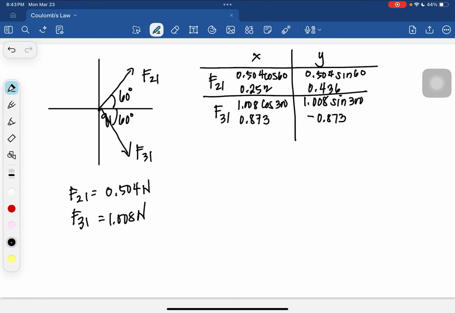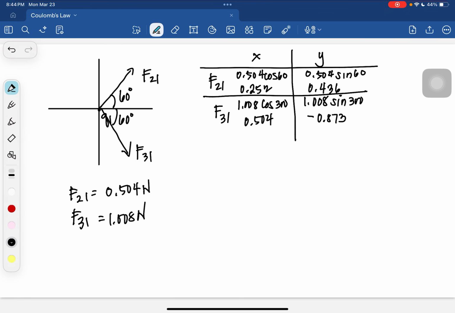Let me just do this again. 1.008 cosine 300. I made an error there. Instead of 300, I pressed 30. So this is 0.504. Let me just check my values again so as not to have any error. 0.504 cosine 60 is 0.252. 1.008 cosine 300 is 0.504.